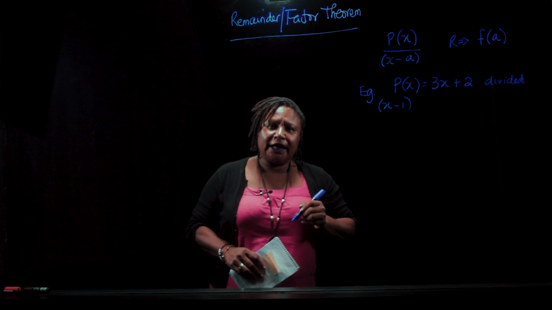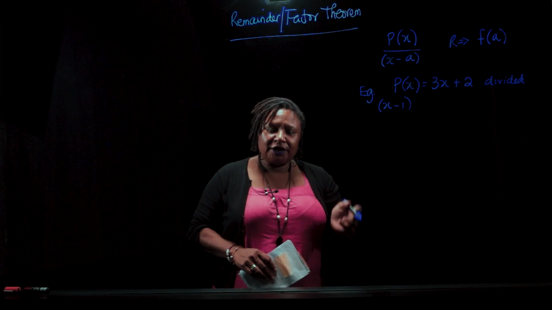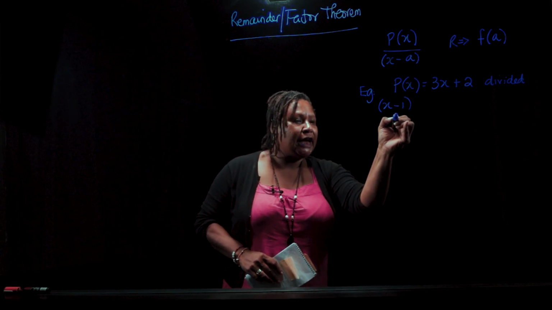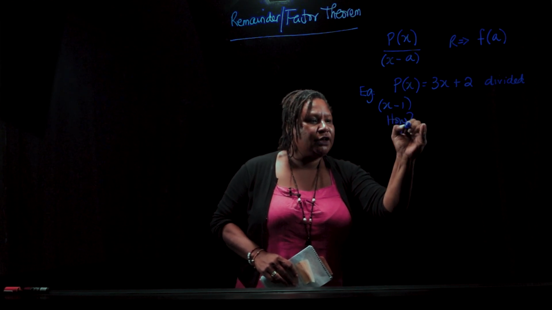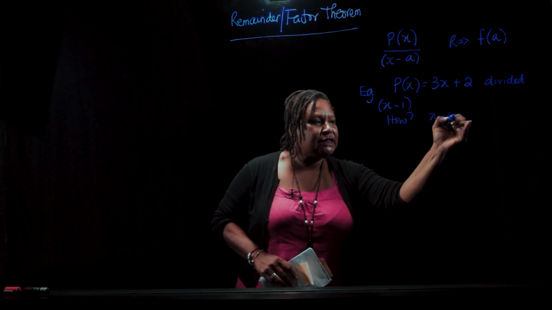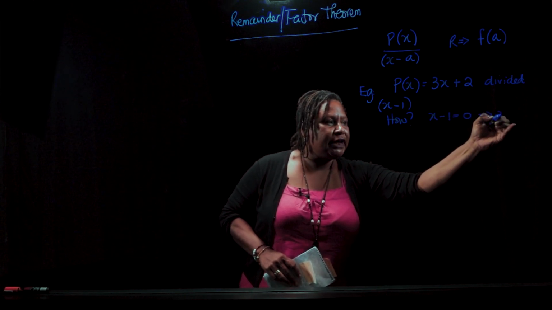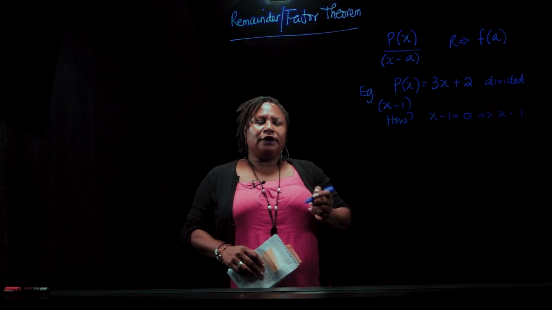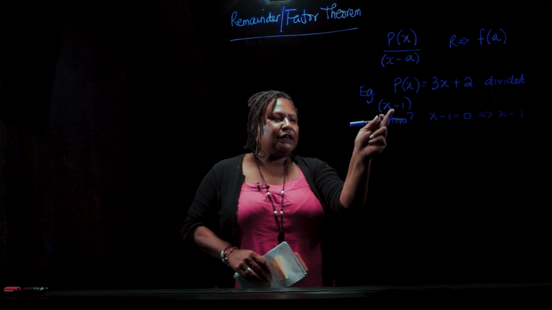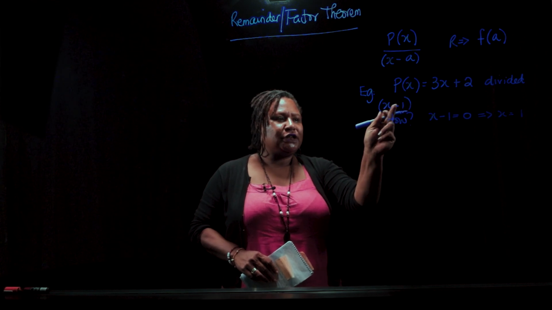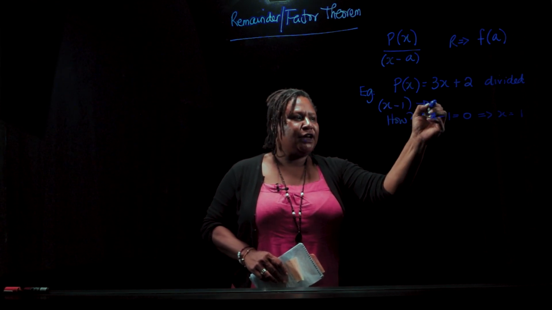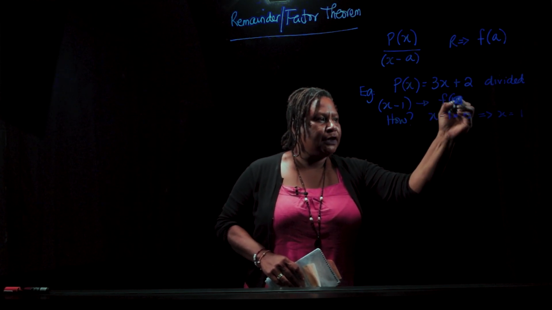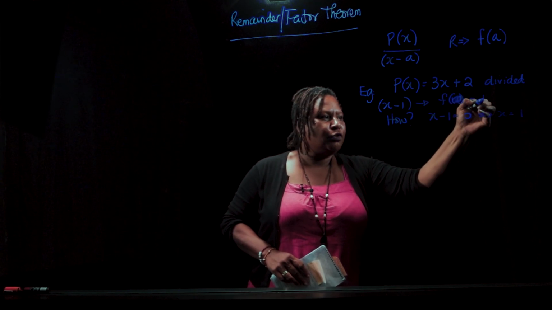Remember, when we looked at quadratic equations, we solved them by finding the value of x. Here, that's what has been done. How did we do this? x minus 1 is equal to 0, and so x is equal to positive 1. The same thing applies here. If this linear polynomial is x minus 1, then a is going to be positive 1.